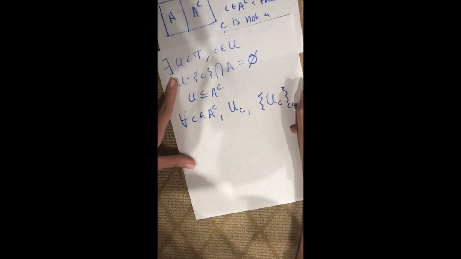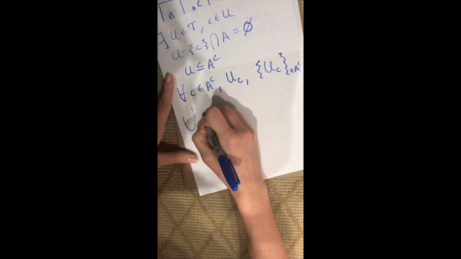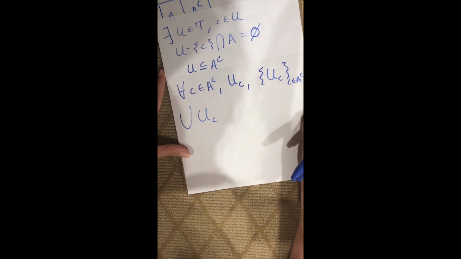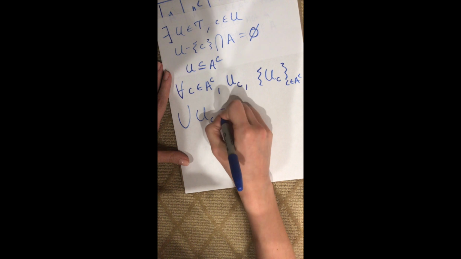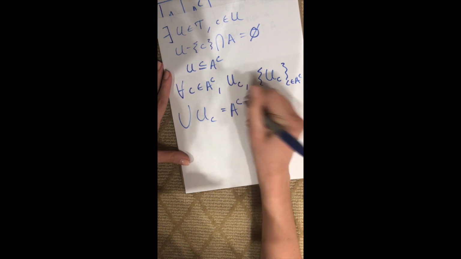So for C in A complement, we're going to union all of these open sets, which are all subsets of A complement, and that's going to end up being A complement itself.